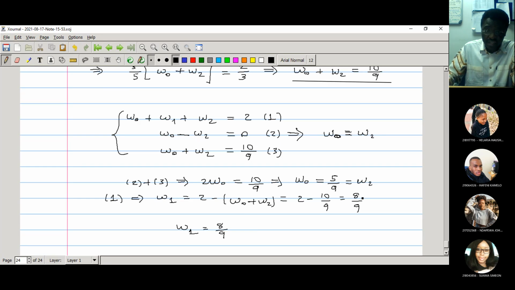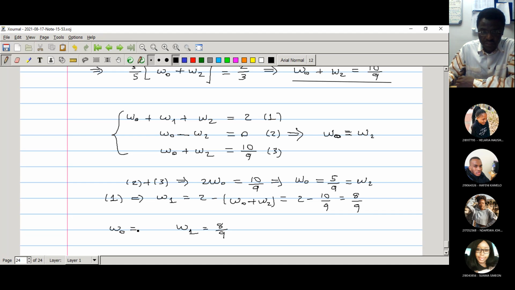Now, I need to check if it's correct. If I add W0, W1, and W2, will I get 2? If I don't get 2, it means that there's an error somewhere. Then I will have to check, right? So let me write here.